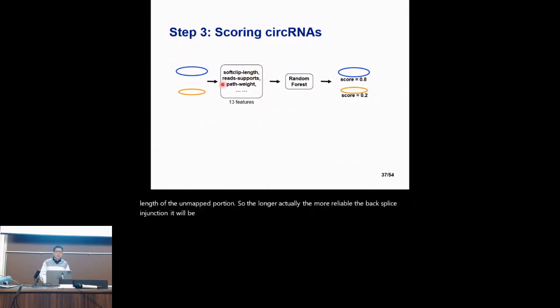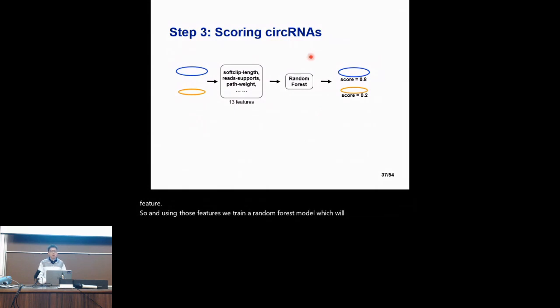Also, we use how many reads support this circular RNA as features. And also, remember in bridging, we calculate the bottleneck weight, and that is also an informative feature. And using those features, we train a random forest model, which will assign a confidence score for each circular RNA.